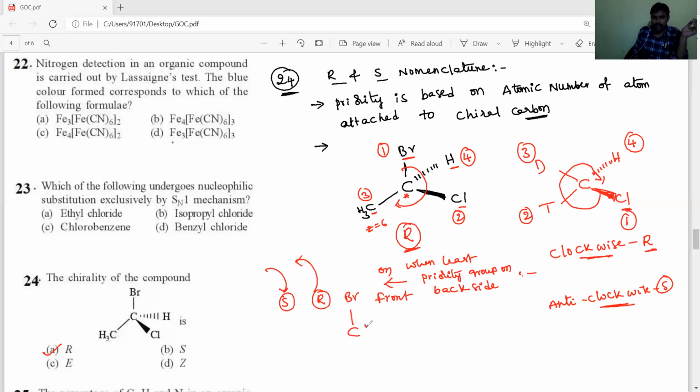I am changing this bromine and carbon, this hydrogen is in front, and this chlorine is on the back side, and CH3 as usual.